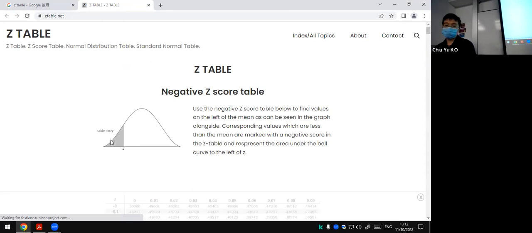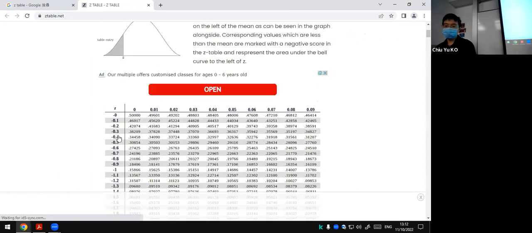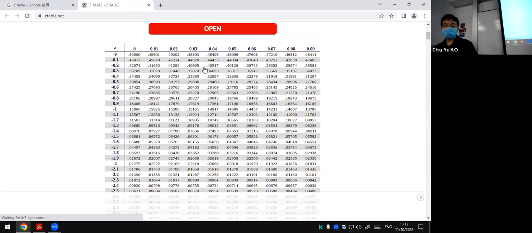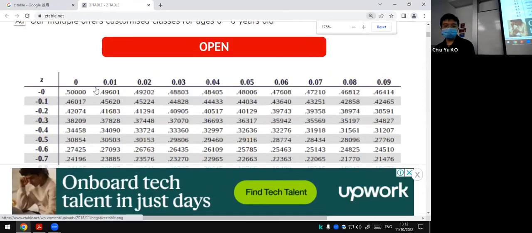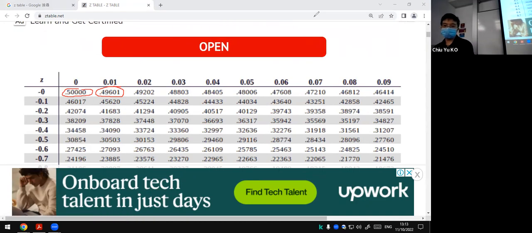As I said, you have a negative Z, this is a value, and this table gives you how to read them. For example, this is 0. I don't know whether you can see it clearly. This number tells you less than 0 is half, right? And you have to add this guy. So this is 0.01, sorry, negative 0.01, okay? Because everything is negative. That's how you read the Z table.